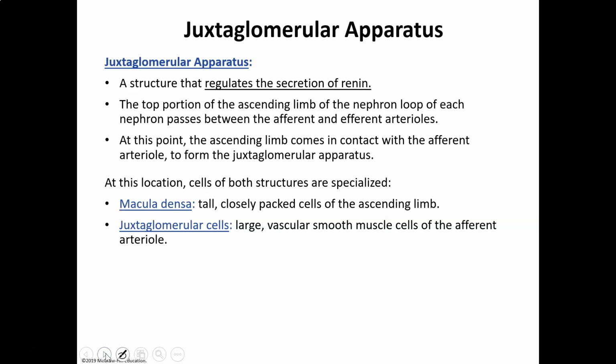Now, the juxtaglomerular apparatus. I love the names of things in physiology. Juxtaglomerular apparatus. What does that mean? Well, your kidney does more than filter blood. It does a lot more than that. One of the things that it is involved with is the regulation of blood pressure in the body.